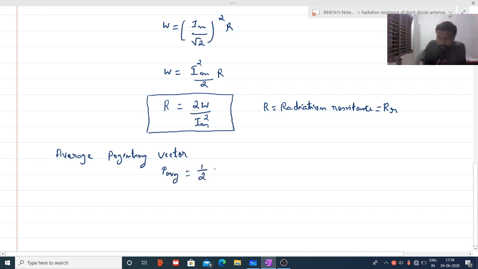This equation I have already discussed while discussing the parameters of the antenna. 1 by 2 into real part of E cross H, with H taken as complex conjugate. Okay, E cross H.